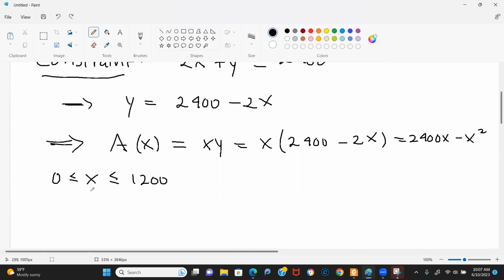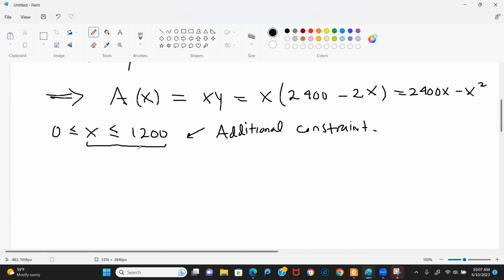But then we also have this constraint here, because if x were bigger than 1200, then y would be negative, and it wouldn't make sense to talk about y being negative either. So this is an additional constraint forced upon us by the situation that we're investigating.